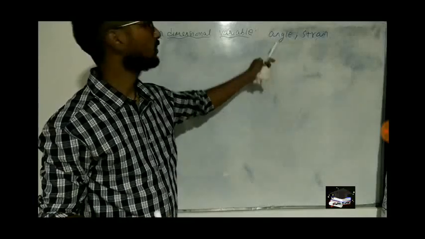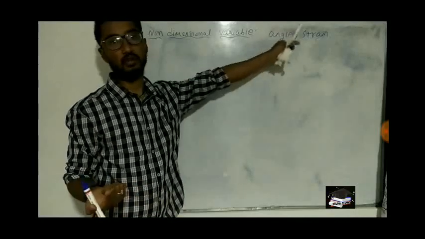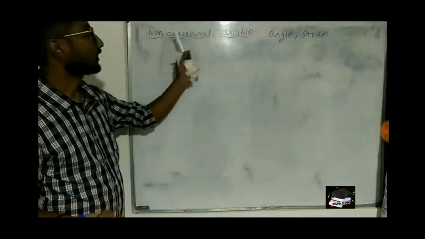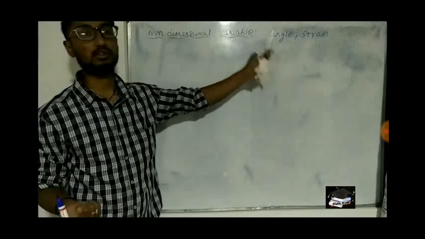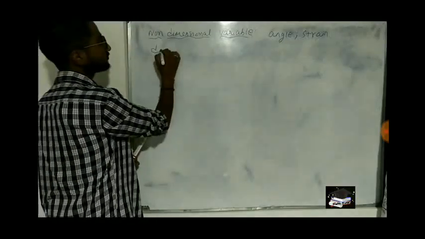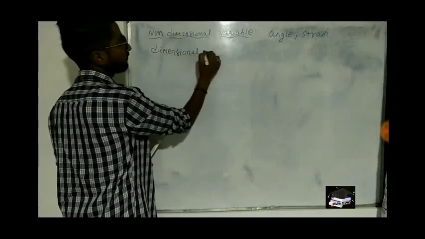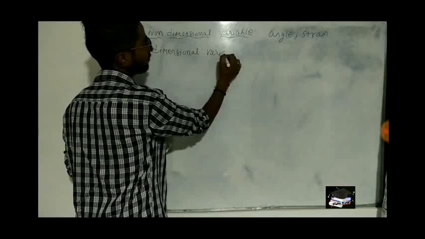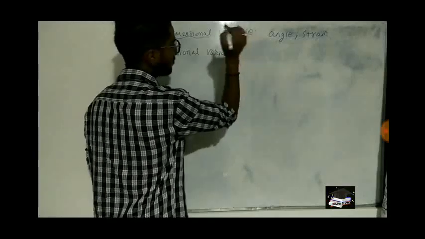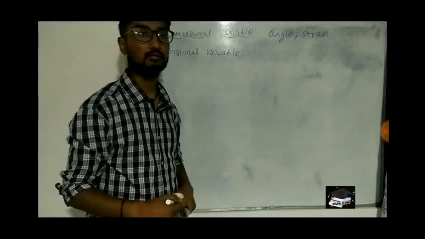They do not have a fixed value. We don't have a fixed angle, isn't it? Angle may change. Strain. So non-dimensional variable means those variables which do not have dimension. Next one, dimensional variable. Those variables which have dimension.